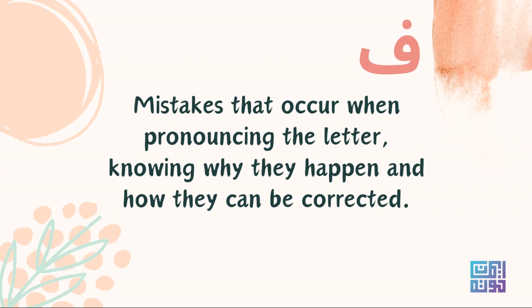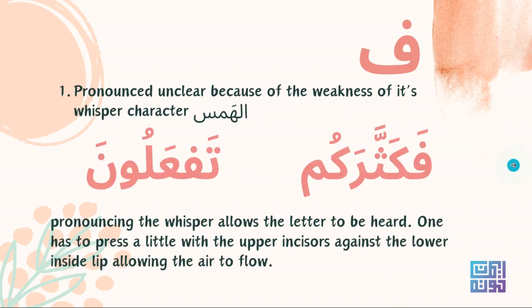Let us take the mistakes that occur when pronouncing the letter, knowing why they happen and how they can be corrected. The first thing is, regarding the letter fa, it's sometimes pronounced unclear because of the weakness of its whisper. Yes, of course, the whispering character weakens the letter. It's not a strong character.